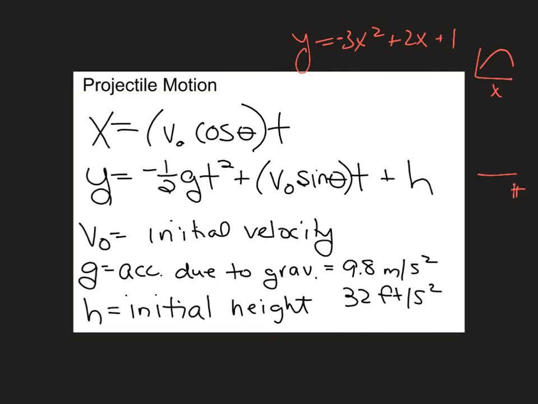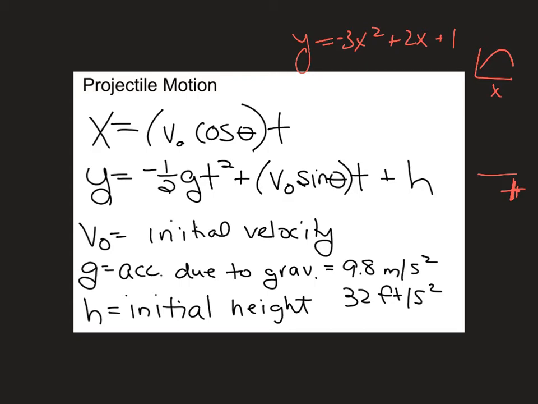So our time is going to be our horizontal axis. And we're going to say, okay, at this point, it is this many feet away and this many feet in the air. It's just fancy parabolas, really. Fancy quadratics.